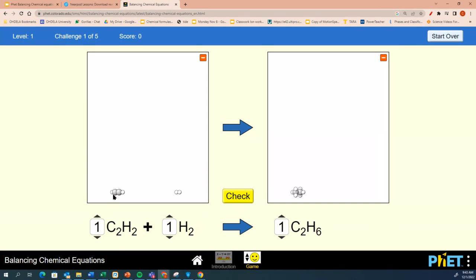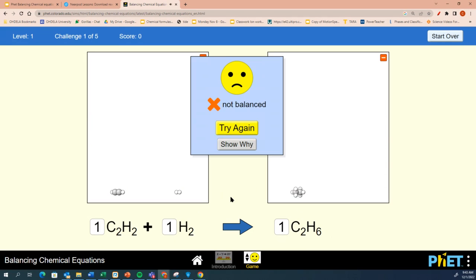You can check, but I wouldn't check here, because I've got 2 carbons and 4 hydrogens on one side, the small balls are hydrogen, and 2 carbons and 6 hydrogens on the other. So if I check this, it's not going to work.